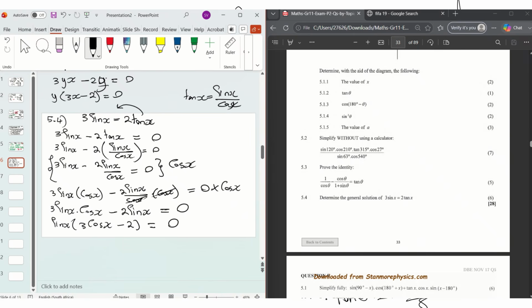And then the first value, sine x is equals to 0, or 3 cos x is equals to 2. And then here, what will be our reference angle? If we look for our ref angle, x will be equals to sine shift of 0. What do we get? Our reference angle there will be sine shift of 0.